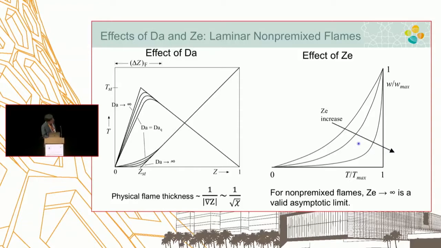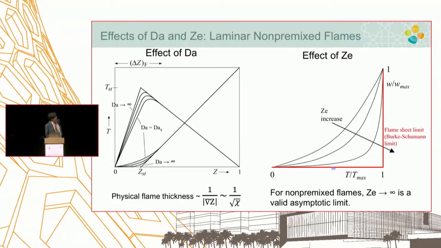That focusing gets more and more severe as the activation energy increases. And there's something called the flame sheet limit. When the activation energy goes to infinity, then reaction only occurs at an infinitely thin sheet, which is also called the Burke-Schumann limit.